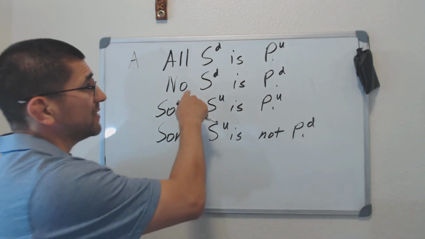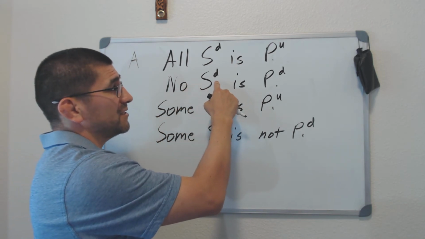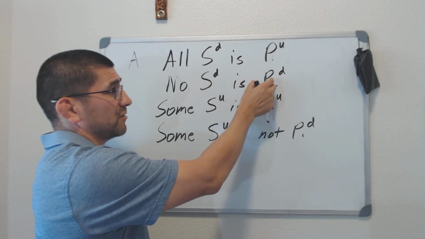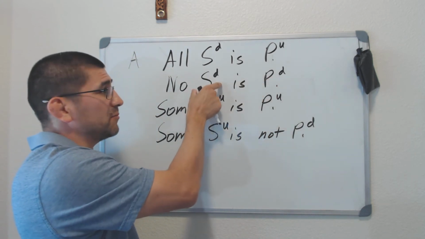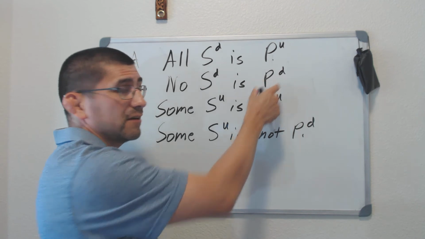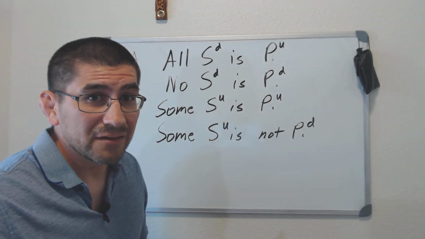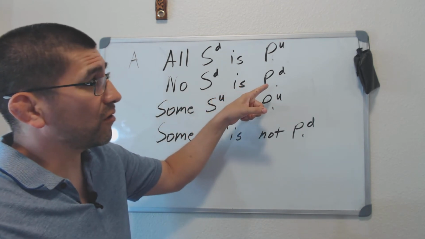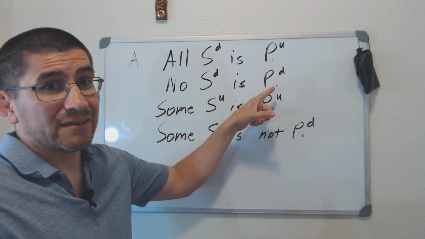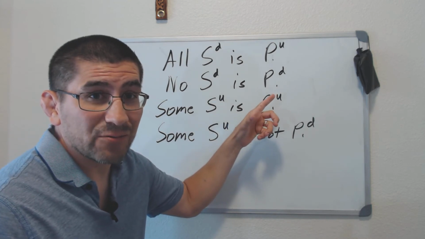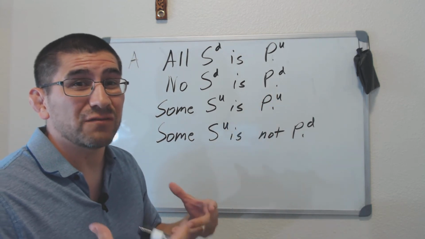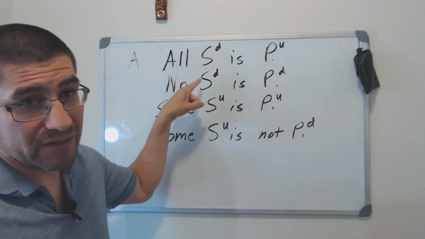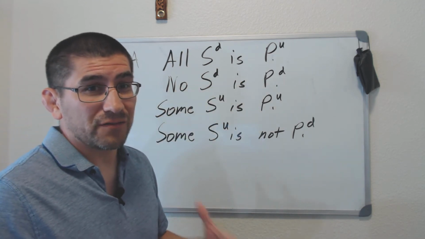In other words, with this E proposition, if I put this predicate term in place of the subject term, and I put this subject term over here, it would mean the same thing. So if I said, no S is P, therefore no P is S, you can do that. That right there is called a valid conversion. When we switch the letters around, it's called conversion.